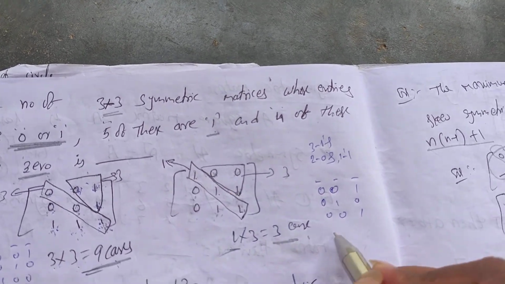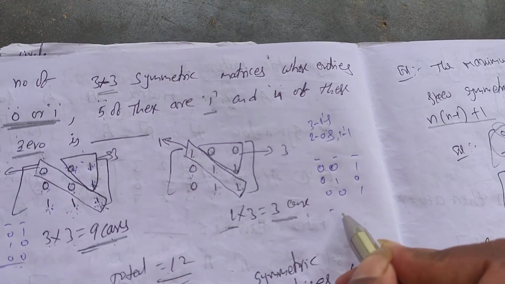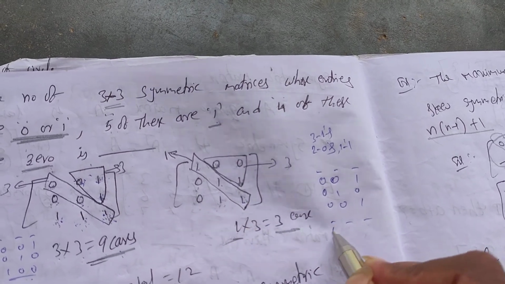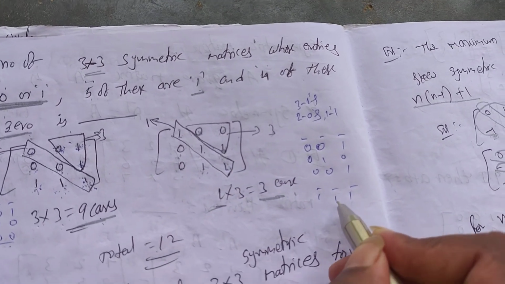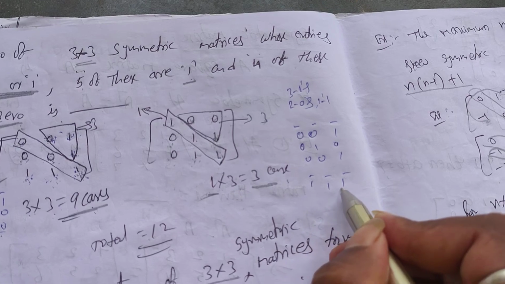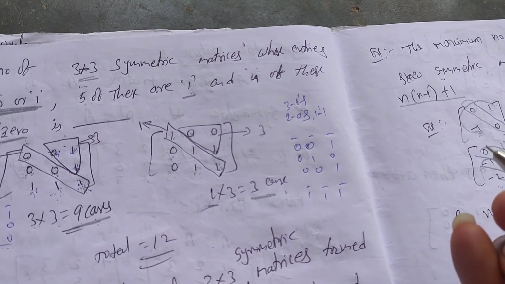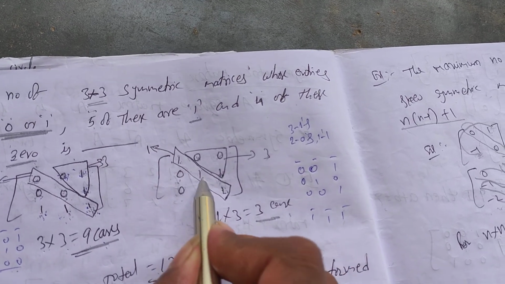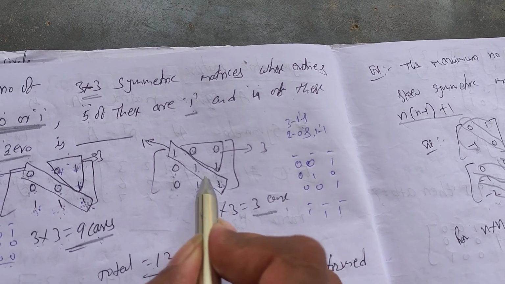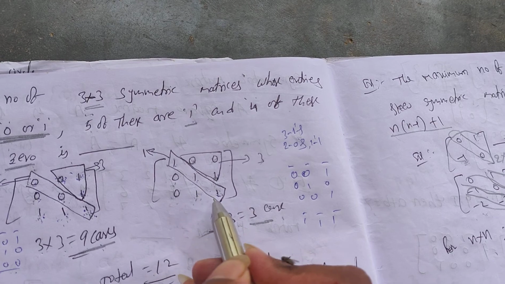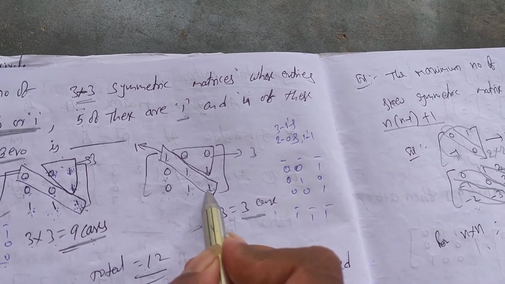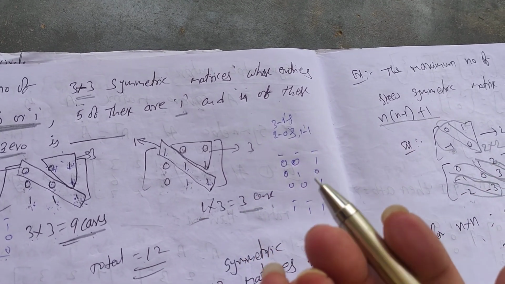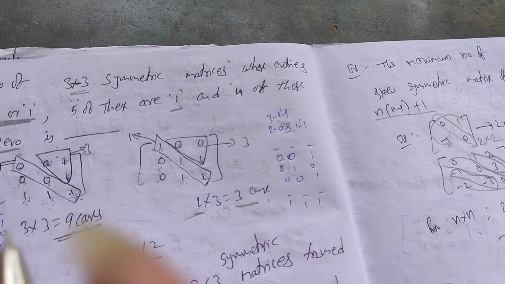If you interchange the ones, the same numbers, it becomes the same, so it is not different. If you change these two ones here and here, it is unaltered, meaning it is the same only, so no need to write. That is only one case.